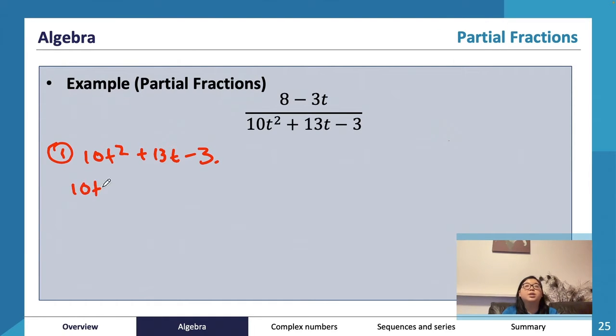So we can break this up into 10t squared, let's say minus 2t, and then plus 15t minus 3.